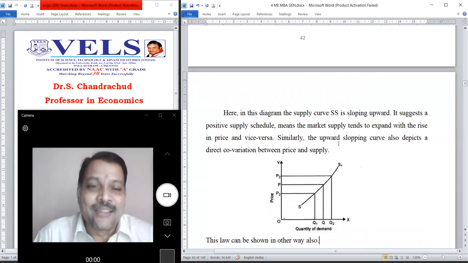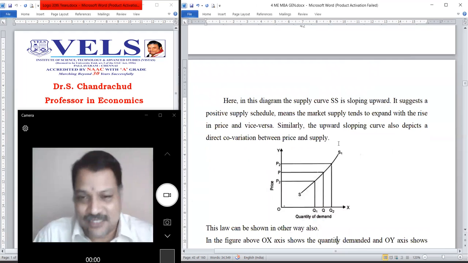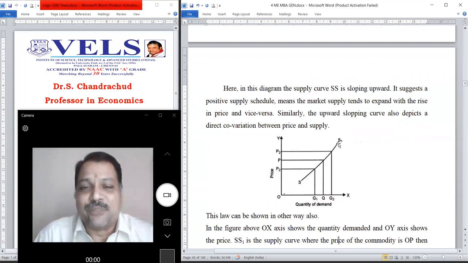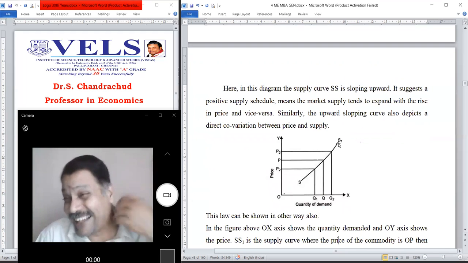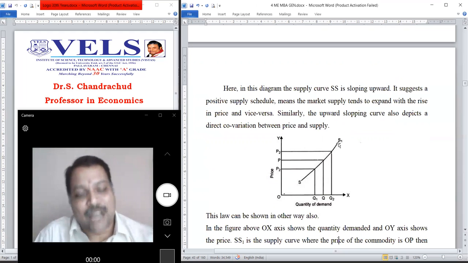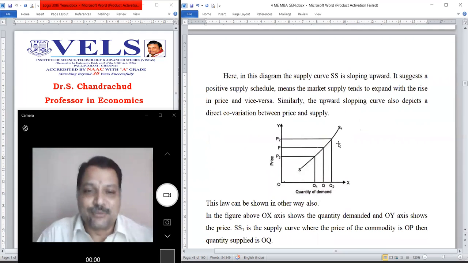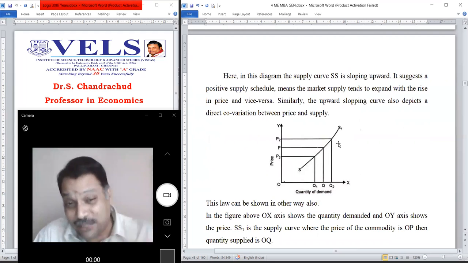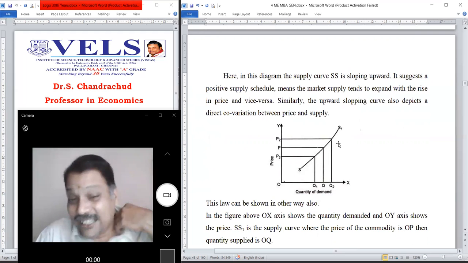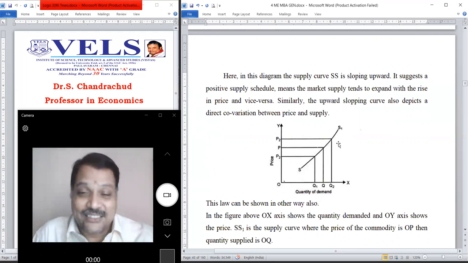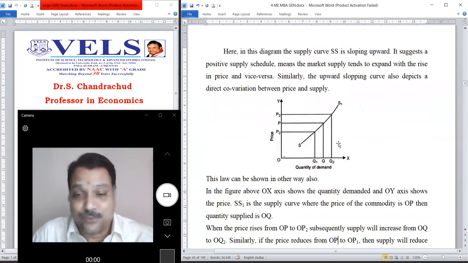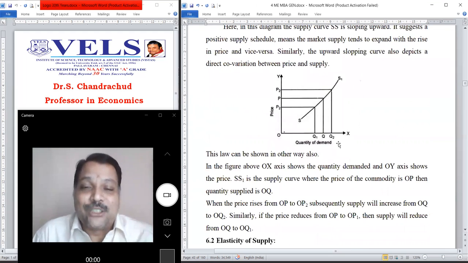Similarly, the upward sloping curve also depicts a direct correlation between price and supply. They are directly related. Whether the price is increasing or decreasing, based on that the supply will increase and decrease, as shown in figure 2.